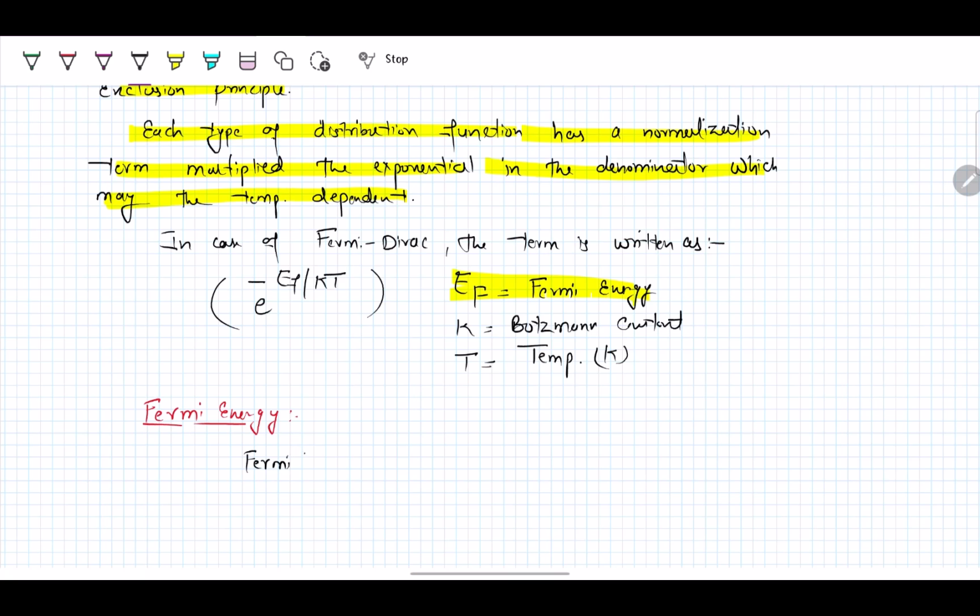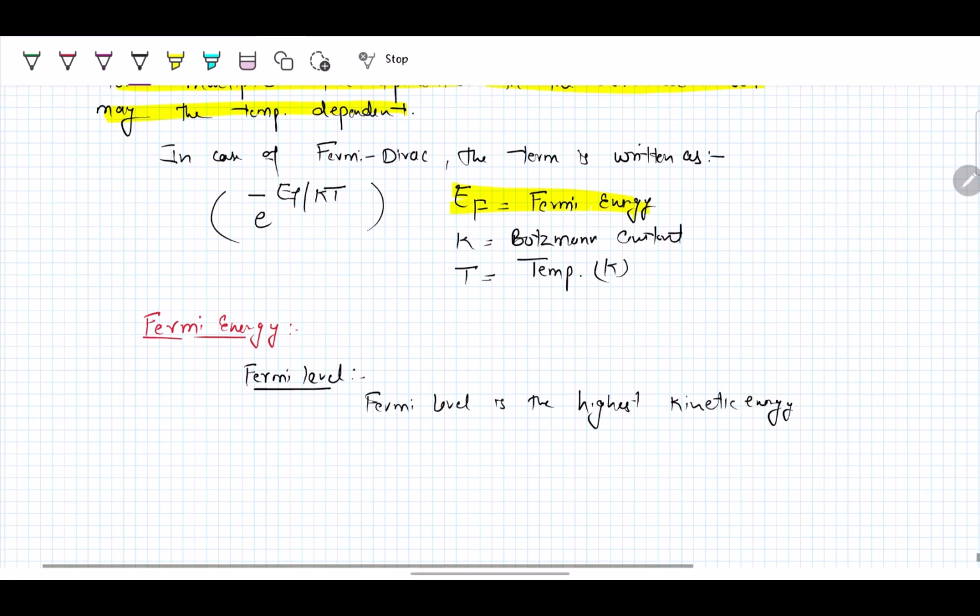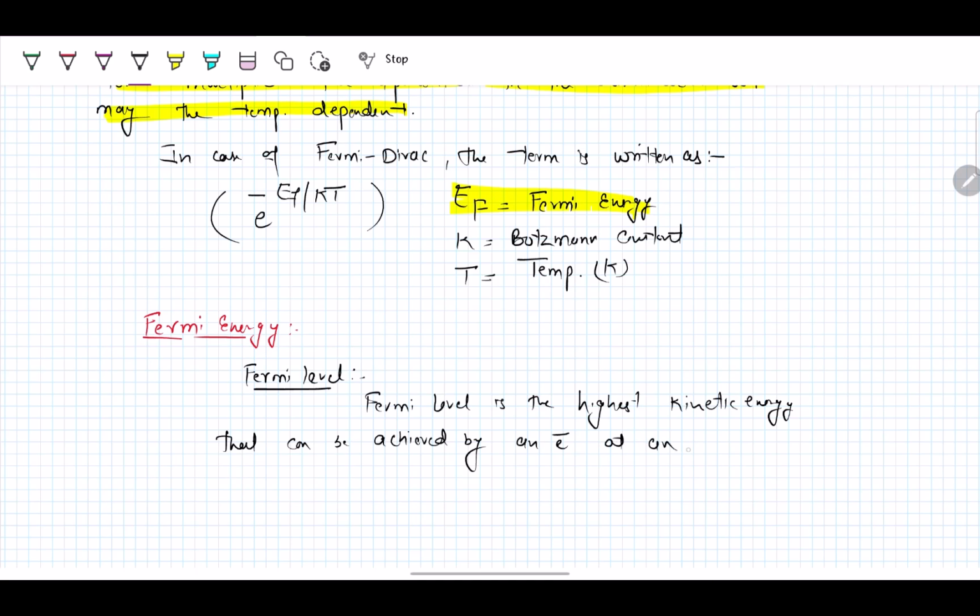The Fermi level is the highest kinetic energy that can be achieved by an electron at absolute zero temperature.